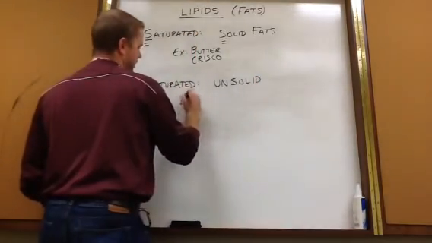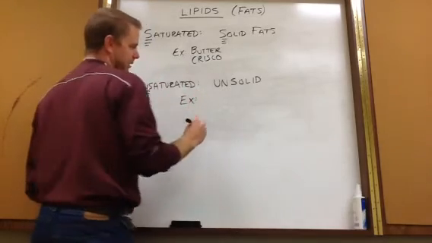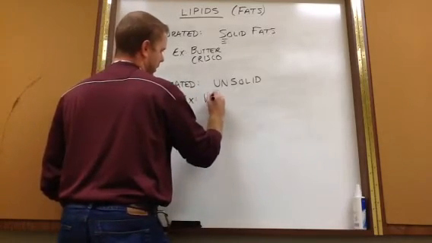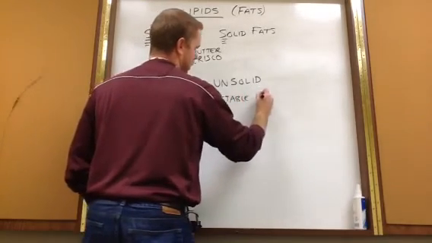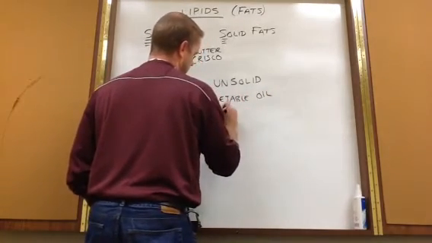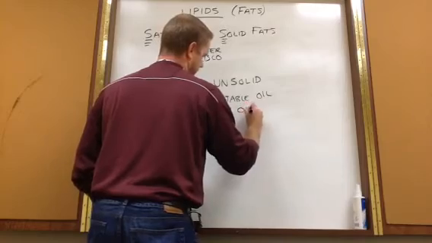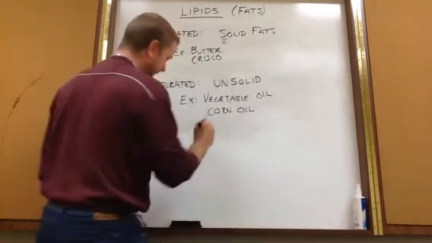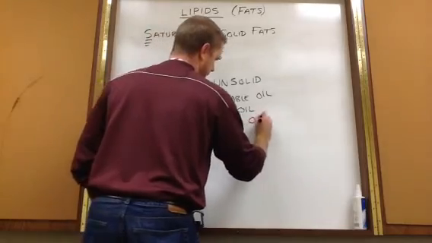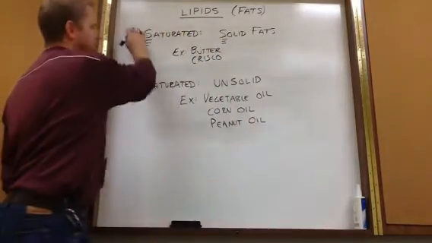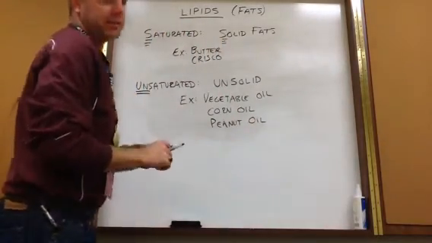So some examples of unsaturated fats would be things like vegetable oil, corn oil, I guess that's a type of vegetable oil, but peanut oil, etc. So that's the difference between saturated and unsaturated.